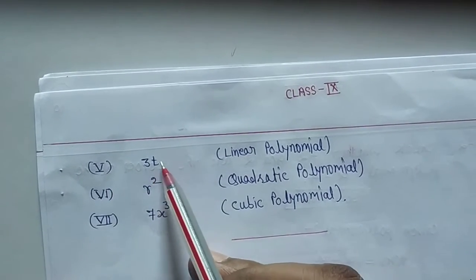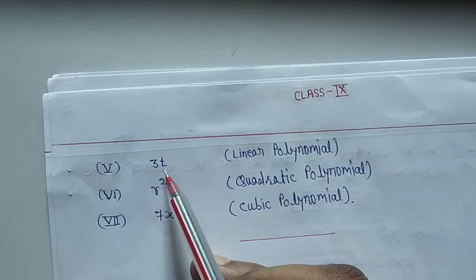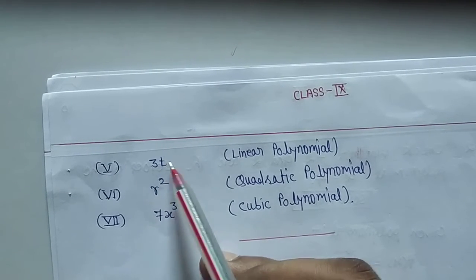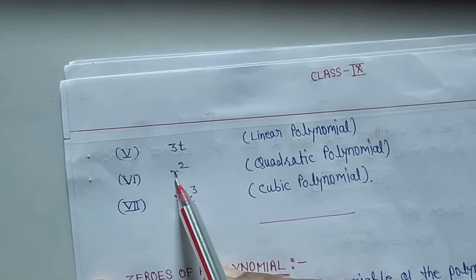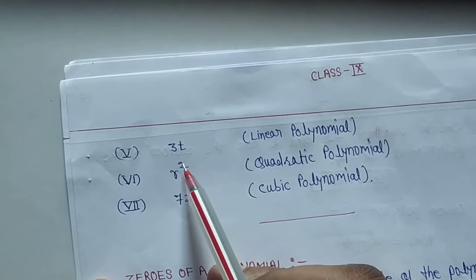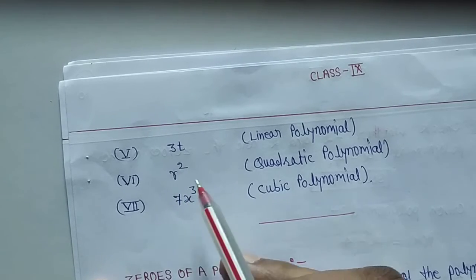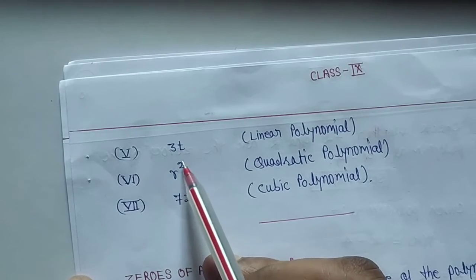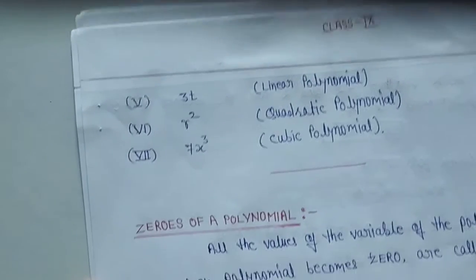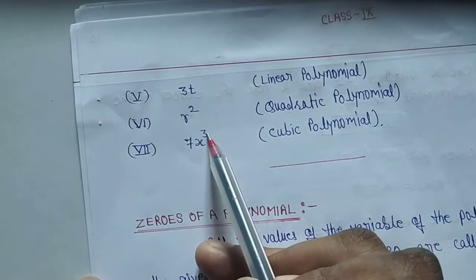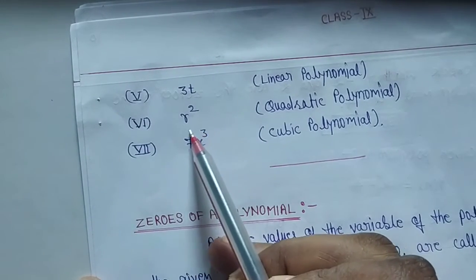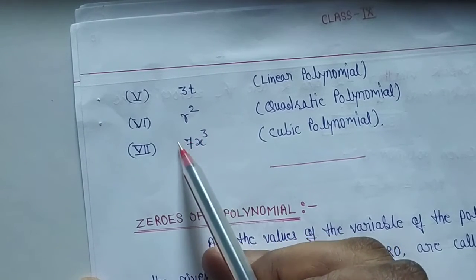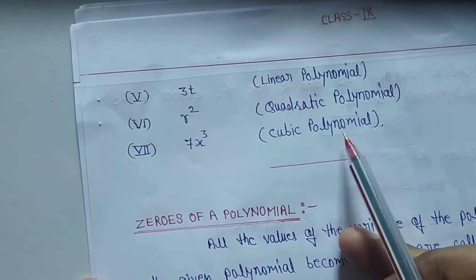Fifth part, 3t. 3t is a monomial because it has only a single term, and the power of variable is 1, so it is a linear polynomial. R square, this is a monomial as well as quadratic polynomial because it has highest power 2, so degree of this polynomial is 2. 7x cube, the highest power of this polynomial is 3, or we can say that the degree of this polynomial is 3, so it is a cubic polynomial.